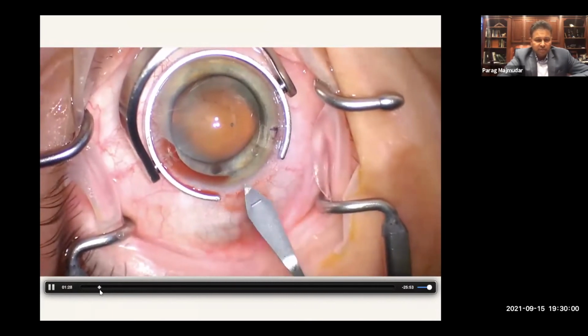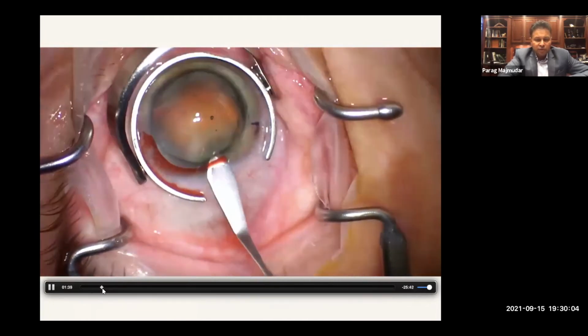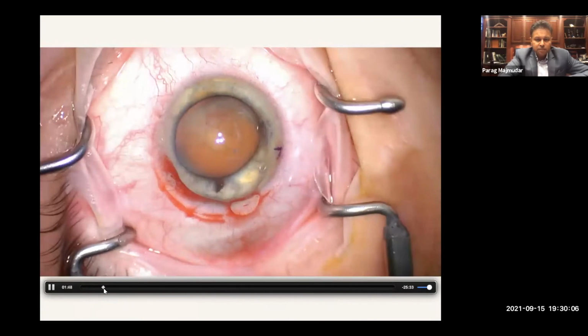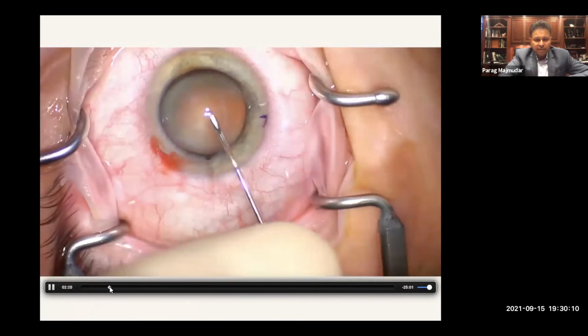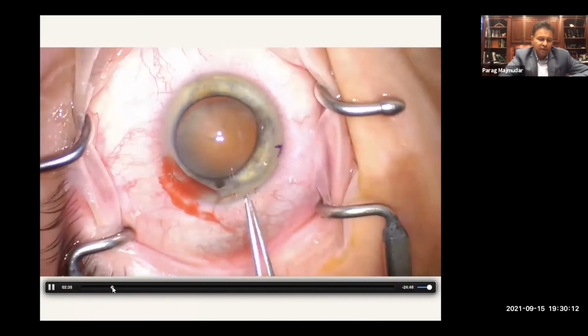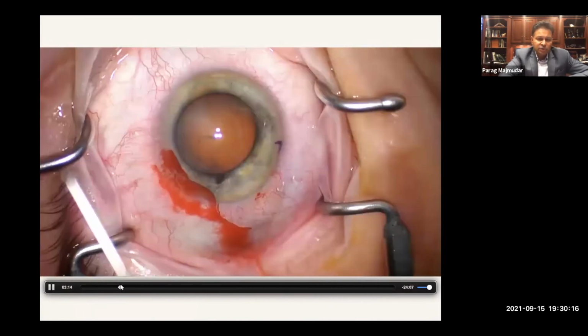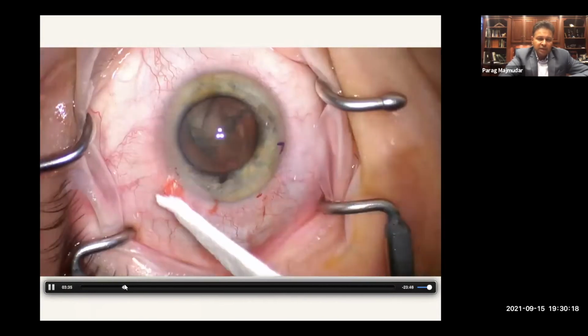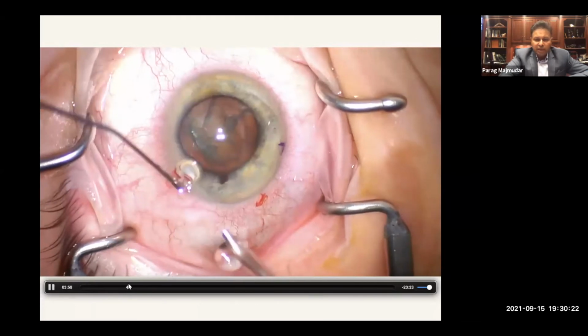I'm not going to bore you with my cataract skills, but I can fast forward a little bit to the highlights here. What we're trying to do, of course, is to get the lens out safely and securely. Typically, my cataract is a chop technique, and I'll use basically iris plane phacoemulsification.